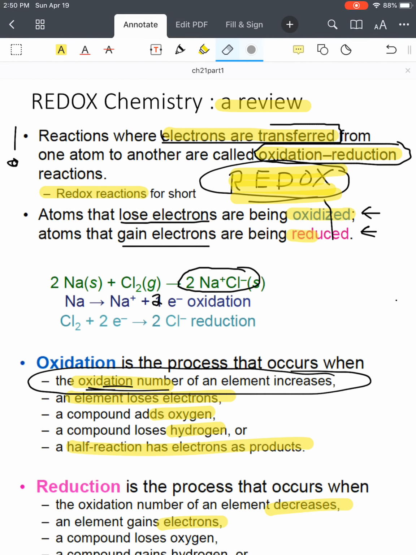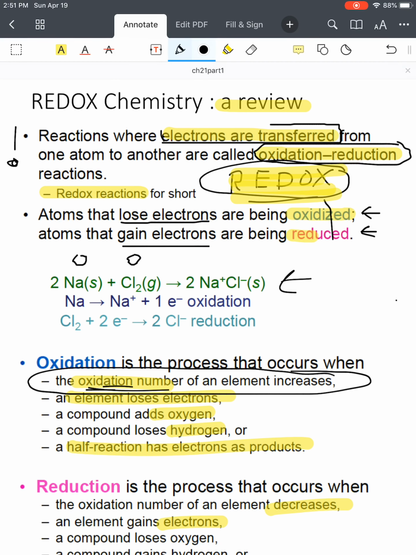So looking back to this equation right here, I know that the oxidation number for this sodium in its uncombined form is 0. Likewise, the oxidation number for this chlorine is 0 because it's an element in its uncombined state with anything else, okay? But over on the right side, my oxidation number for sodium is the normal case, +1, and it's -1 for chloride.